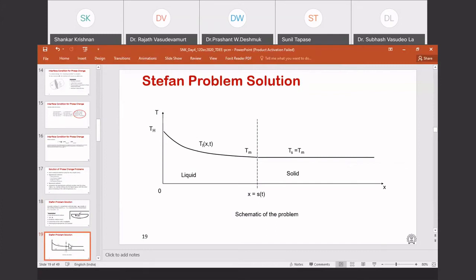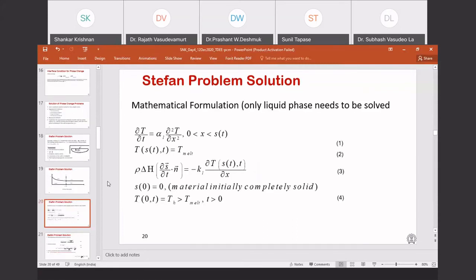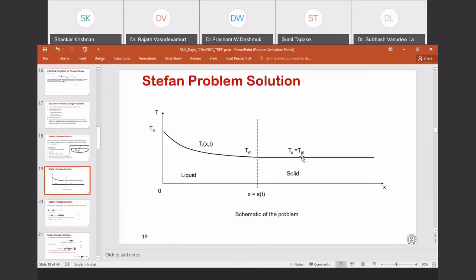Because of this assumption that initially it is at the melting point, there is a certain level of simplification that can be done, and the governing equation is transient heat conduction in the liquid region, and we say that the location at which the solid-liquid interface is located, the temperature will be the melting point, and then we make use of the Stefan condition because the solid temperature is at melting point.